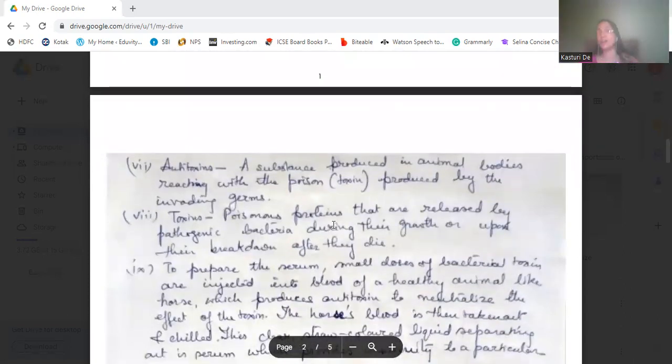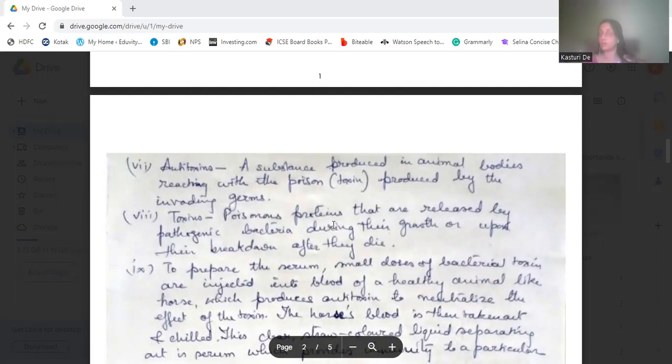Now, what are antitoxins? An antitoxin is a substance produced in an animal body, reacting with a poison, that is toxin, produced by invading germs. That means when a germ invades our body, it produces a substance, a chemical known as poison or toxin.